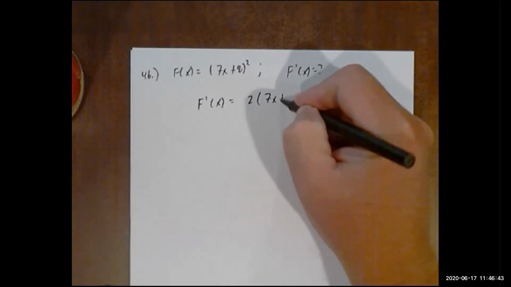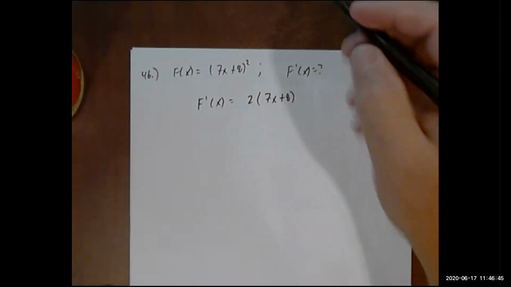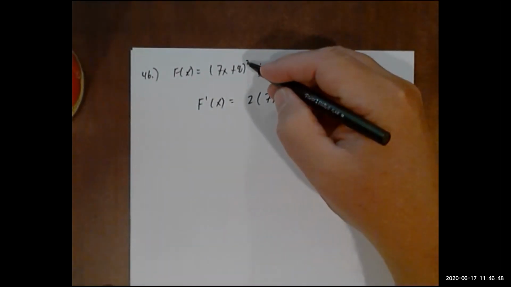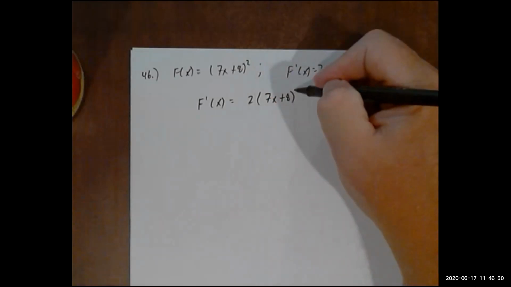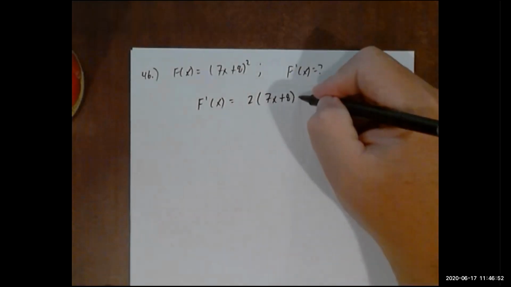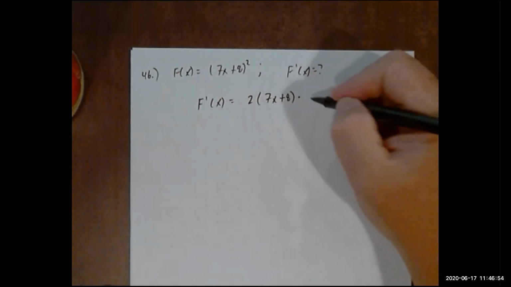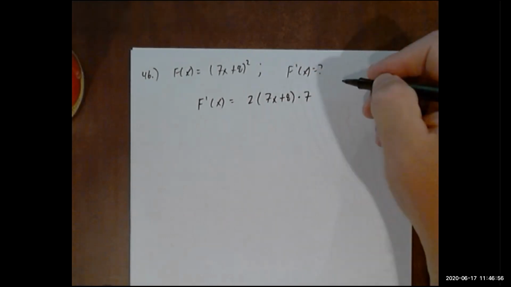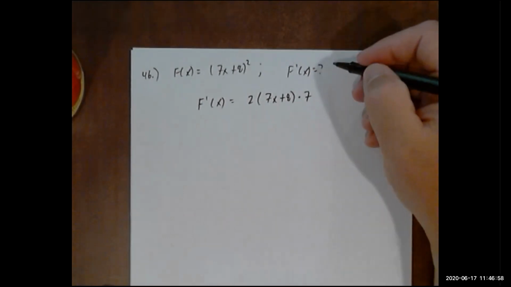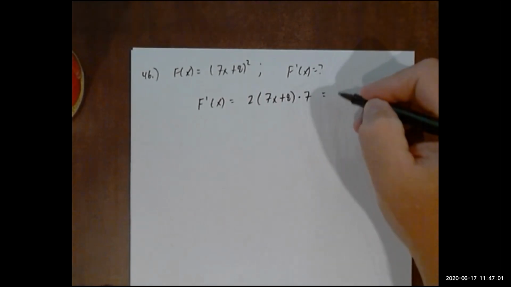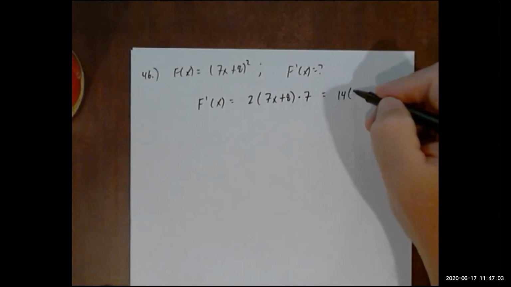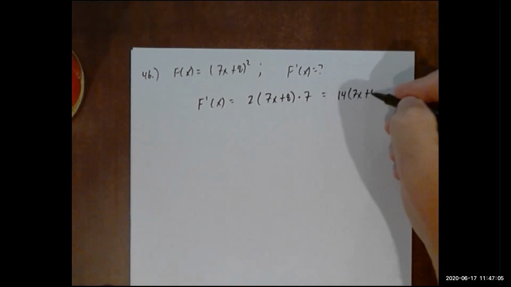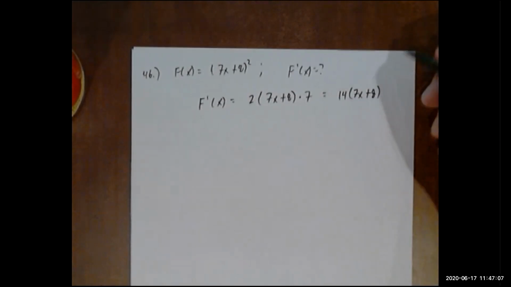You simply copy down the stuff inside the parentheses and then you subtract 1 from the exponent. So there's a 1 here. Then you multiply by the derivative of what's inside, which is just 7. And we're pretty much done. That's why using the chain rule makes it pretty simple.